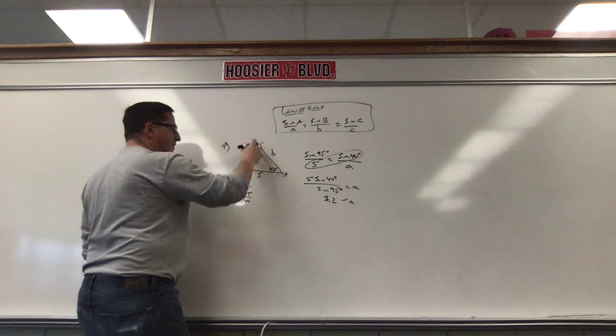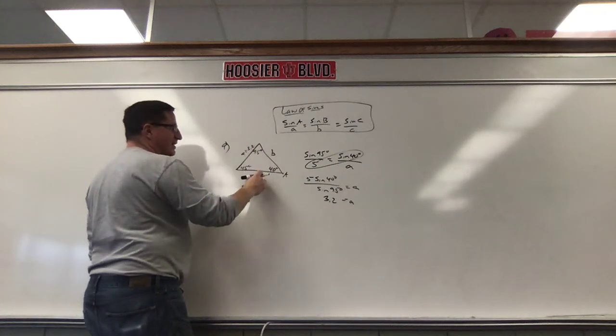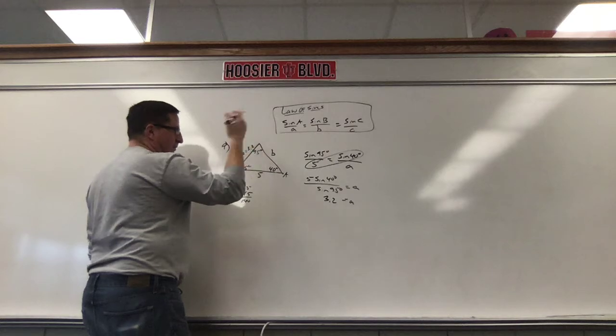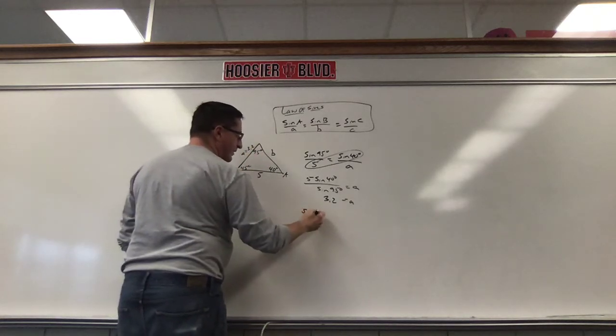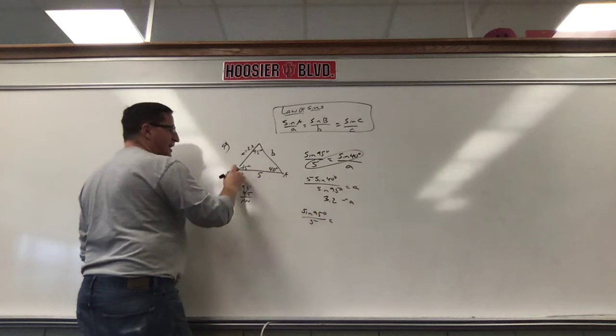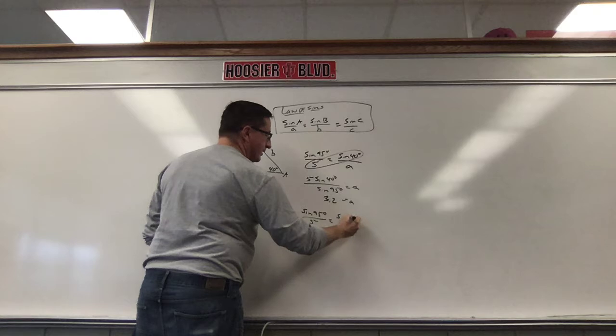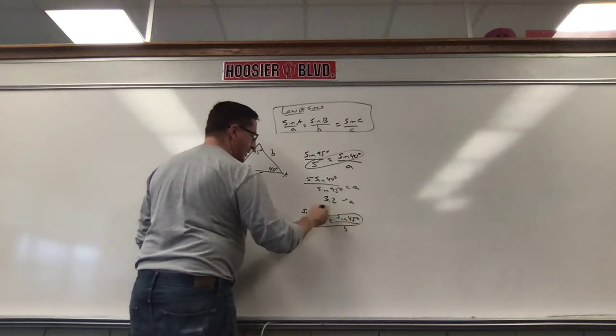And then we still need to find little b. So I'm still going to stick with these two. I could use the other, but I shouldn't because that's an approximation. This is exactly 5. So we'll stick with sine 95 over 5 equals, I want to find little b, so the sine of 45 over little b. Again, we cross multiply and then divide.